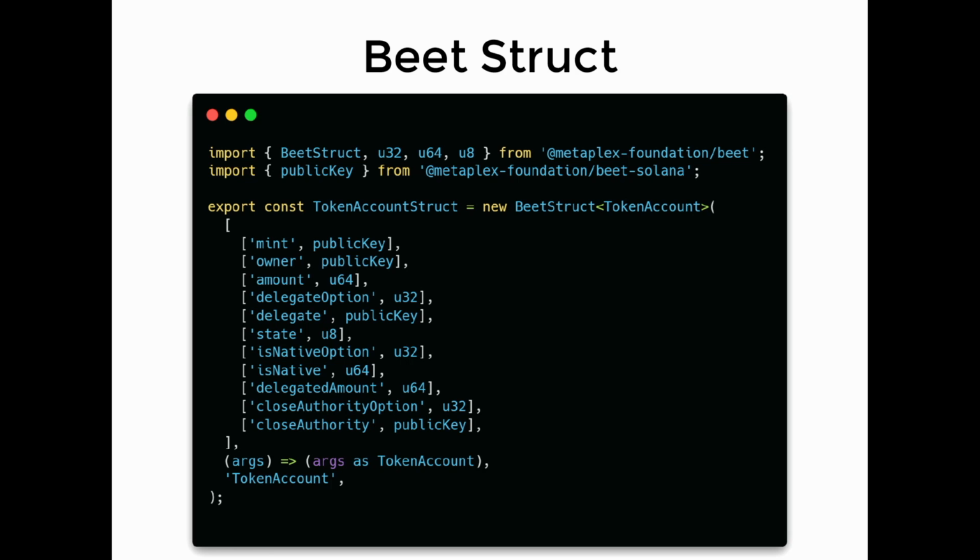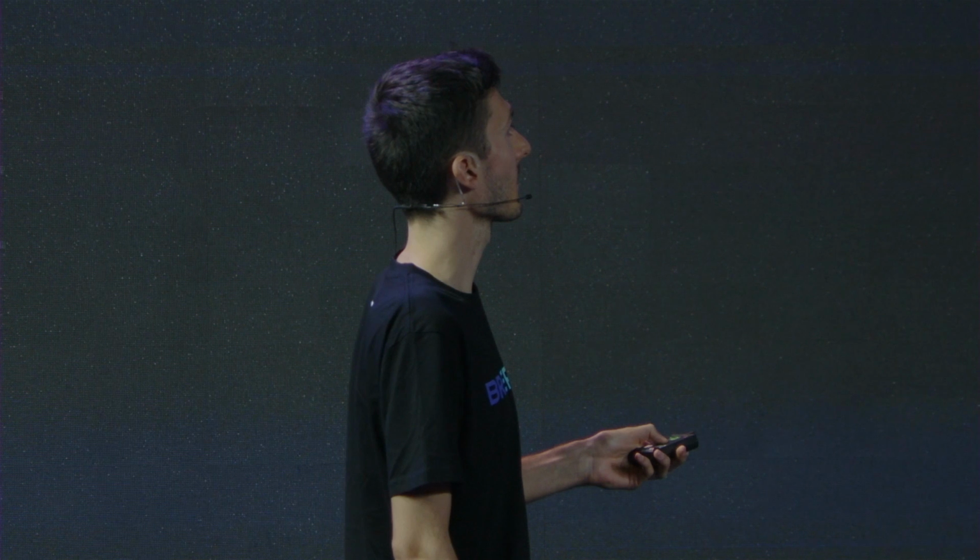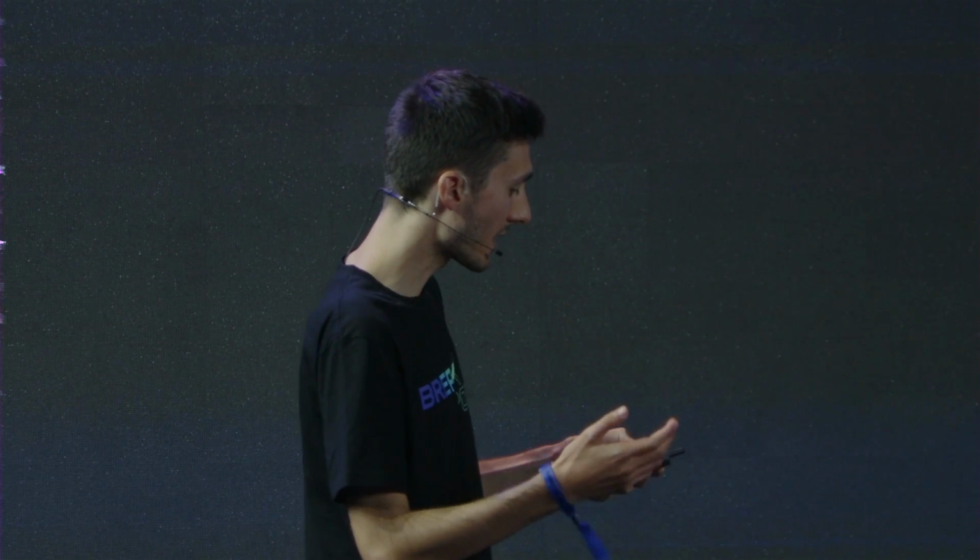And it will use Borsh to decode the buffer. So we will create an account structure with the properties that we've seen before, and then we'll be able to decode our buffer.